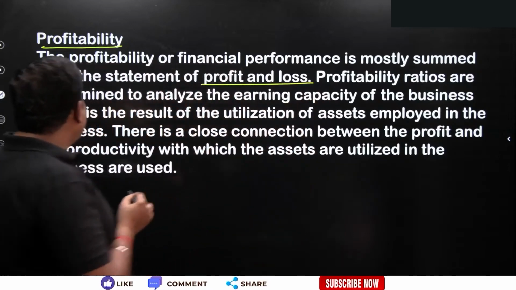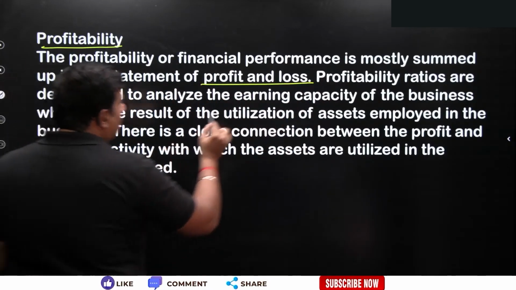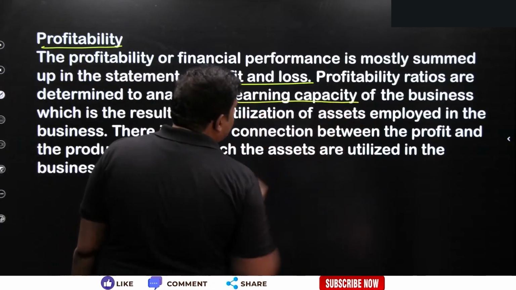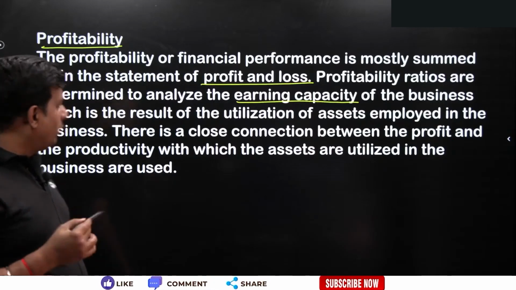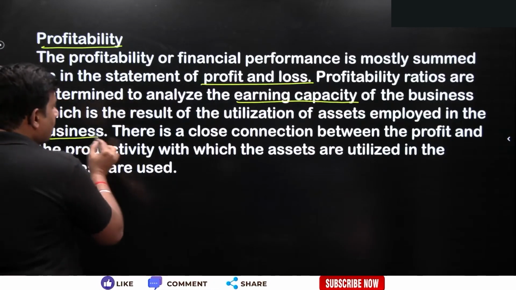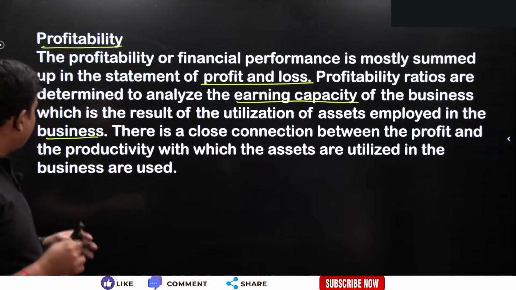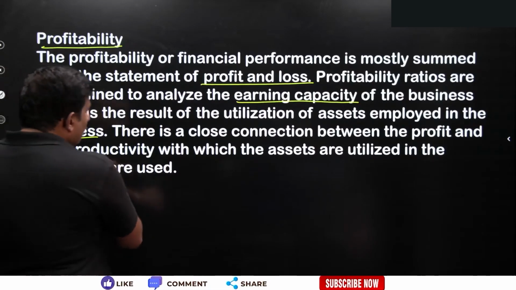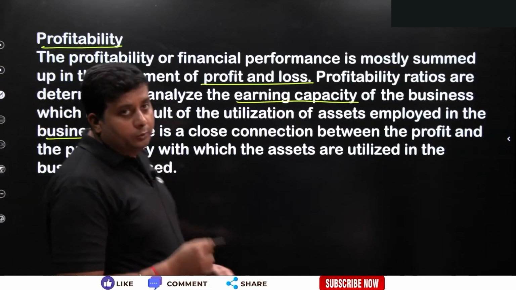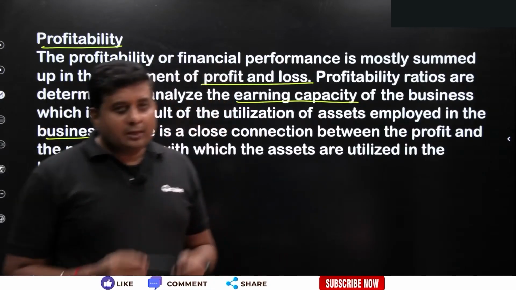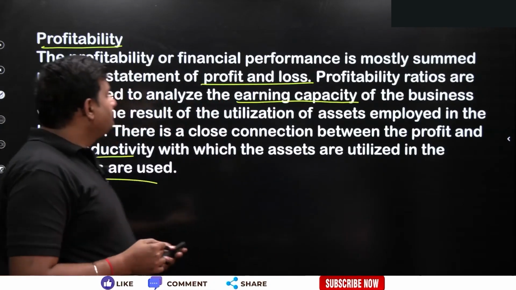Profitability ratios are determined to analyze the earning capacity of the business, which is very important, and is the result of utilization of assets employed in the business. There is a close connection between the profit and the productivity with which the assets are used. ठीक है? So ये थोड़ा सा information profitability ratio के बारे में.